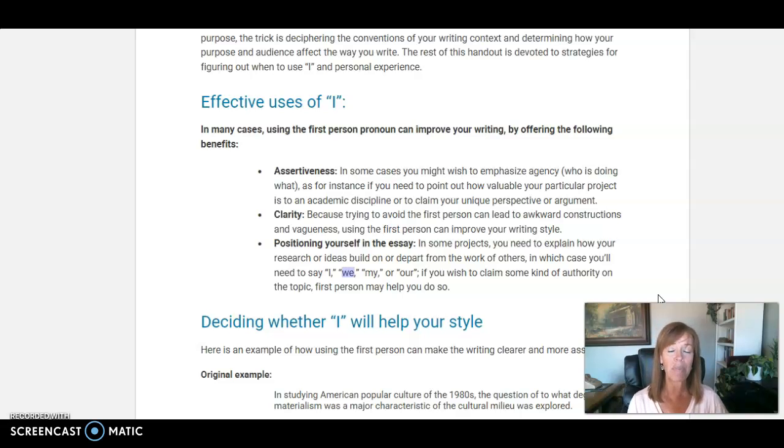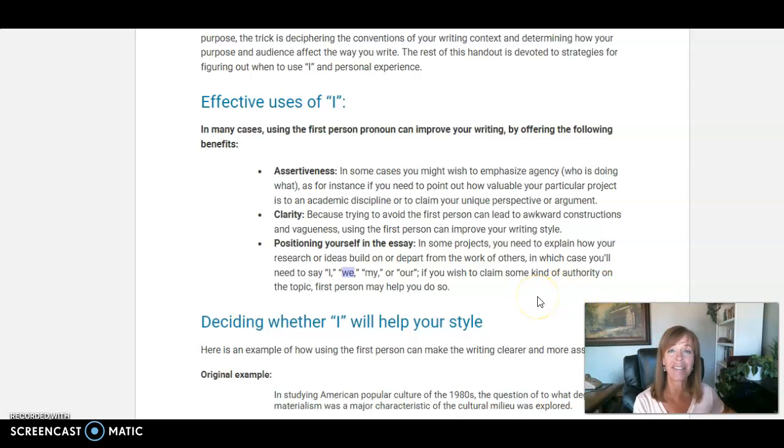That's really the only time. You don't want to use we or our and assume that you are sharing an experience with your audience, or that your audience has shared an experience with you. Like, we have always experienced this. We think this. We think that. No, you don't want to do that. You don't want to make those kinds of assumptions. So it's really tricky.